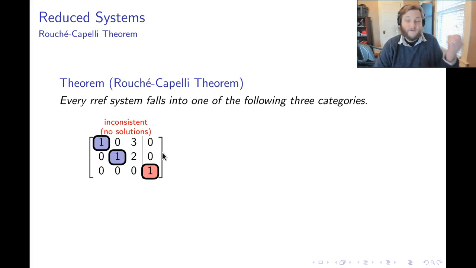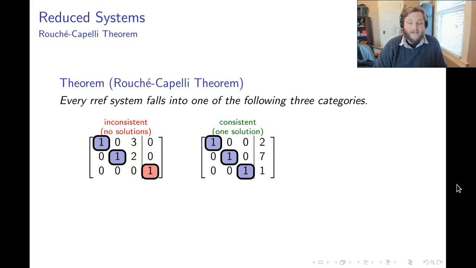And again, the reason is because if we had a pivot in the augmented column, that would give us an equation that said 0 equals 1, which is of course impossible. The next category is the category of consistent systems that have only one solution.